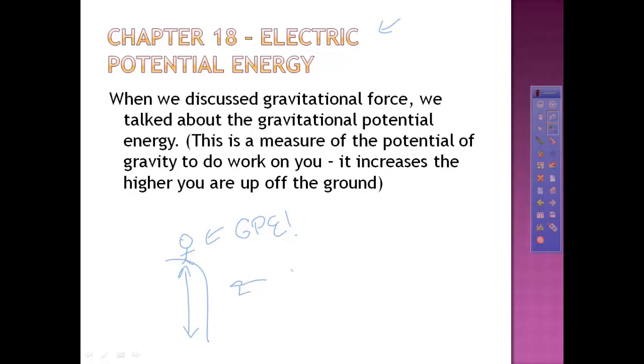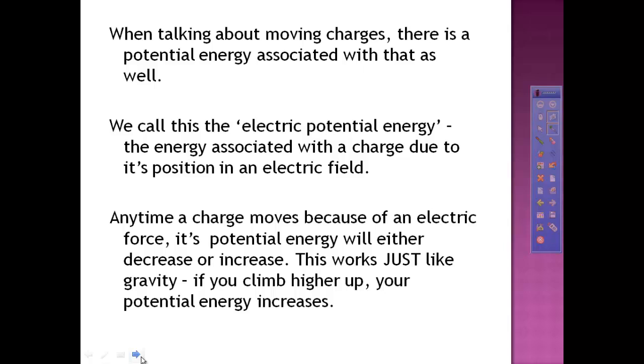Gravity has a lot of potential to do work on you. It can pull you down to the earth really dang fast, right? Up here we say we have a high area of high gravitational potential, and down here we have a very low area of gravitational potential energy. Hopefully that's a review for all of you guys.